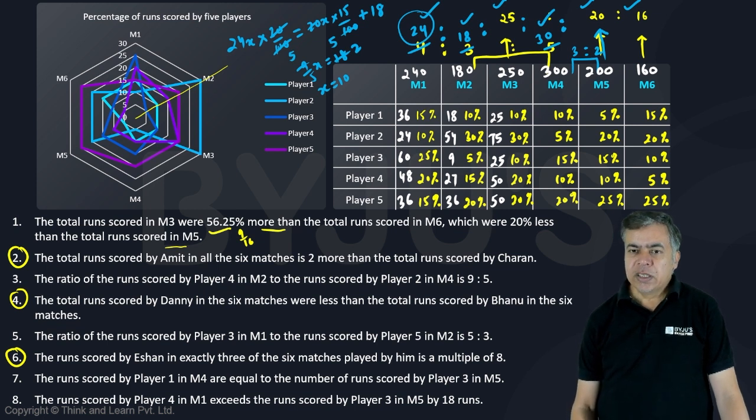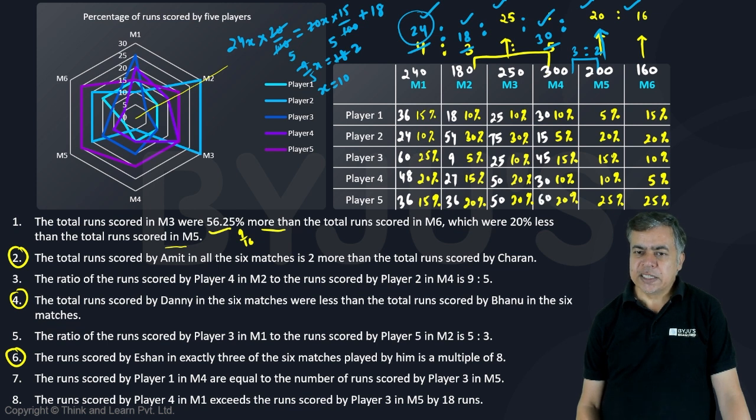Now 10% of 300 is 30, 5% is 15, 15% is 45, 10% is 30 and 20% is 60. 20, 5% would be 10, 20% would be 40, 15% would be 30, 10% would be 20, 25% would be 50. Right? 160: 15% would be 24, 20% would be 32, 10% would be 16, 5% would be 8, and 25% would be 40.